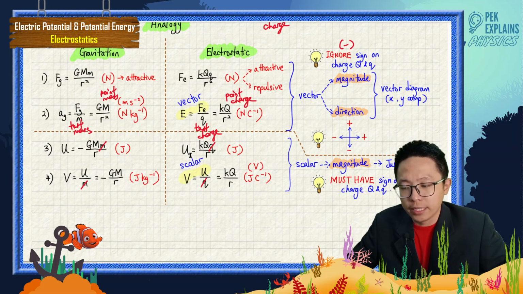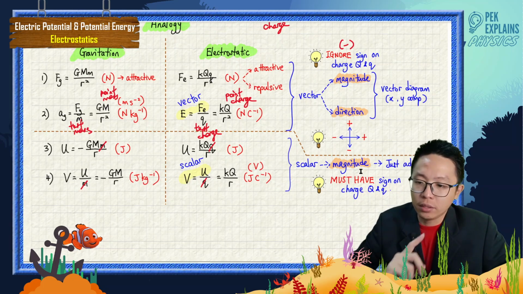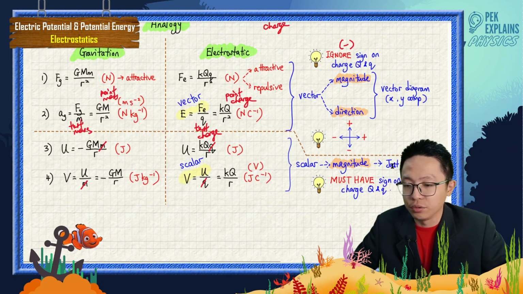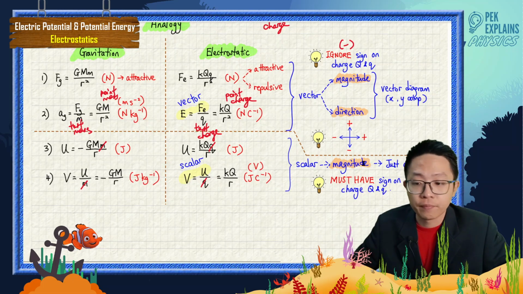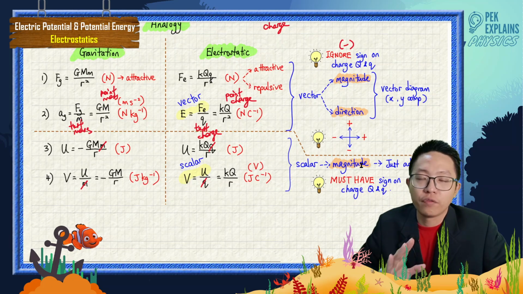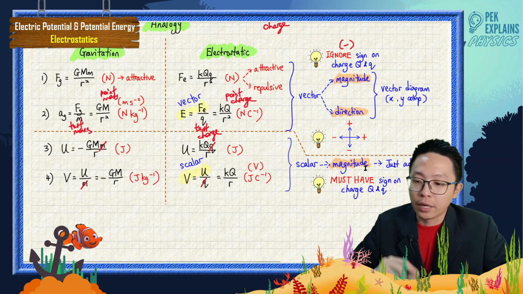Electric potential energy and electric potential are both scalar quantities. A scalar quantity only has magnitude, so it doesn't have direction. You do not need to resolve x and y components or draw a vector diagram. What you have to do is just total up.